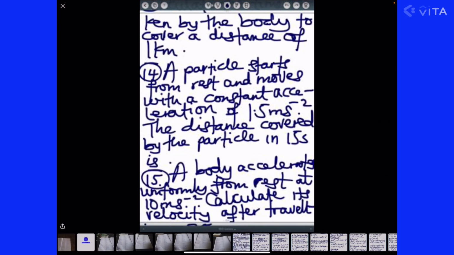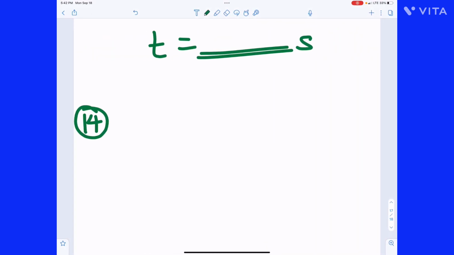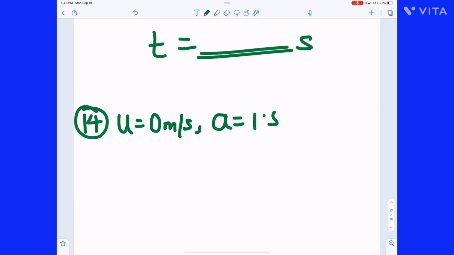Let's go to 14. A particle starts from rest and moves with a constant acceleration of 1.5 meters per second squared. The distance covered in 15 seconds is? Starts from rest, u is 0 meters per second. Acceleration 1.5 meters per second squared. We know the time, but we don't know the distance.